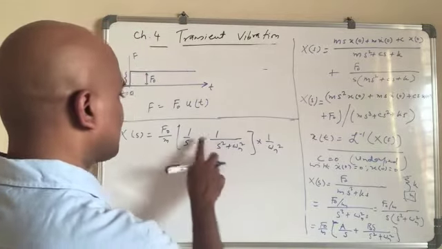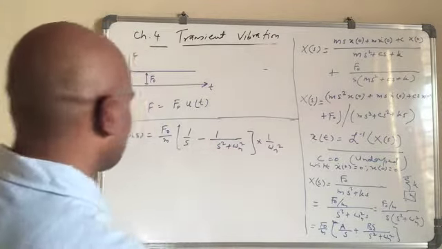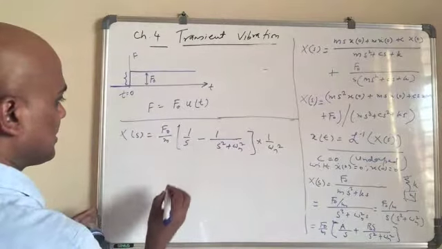So we have omega n square here divided by omega n square. So we get this.